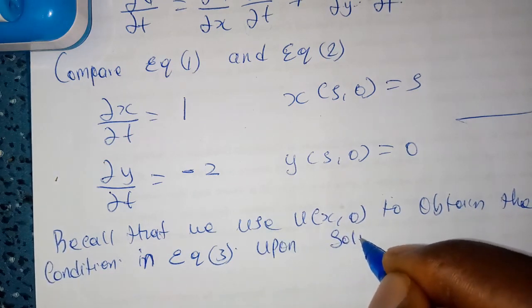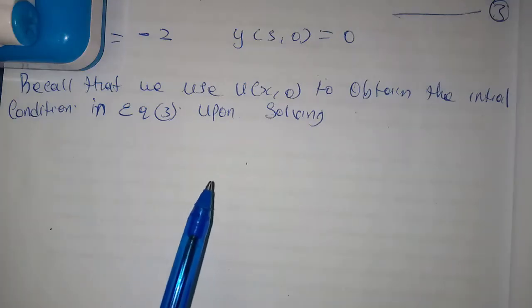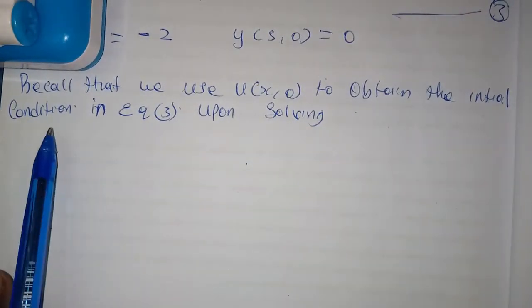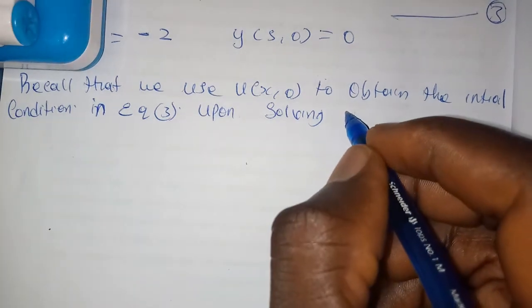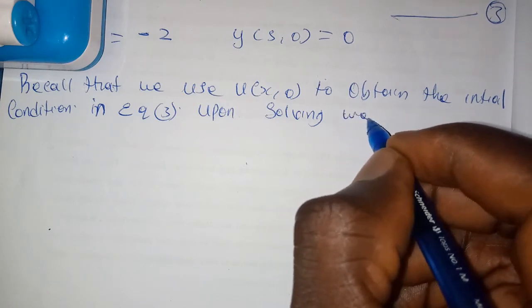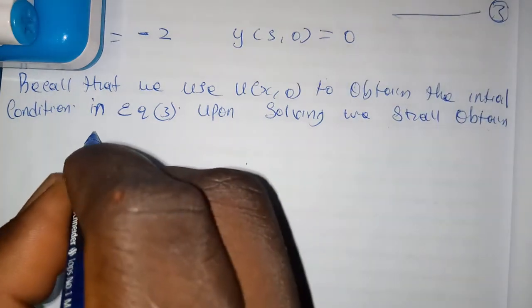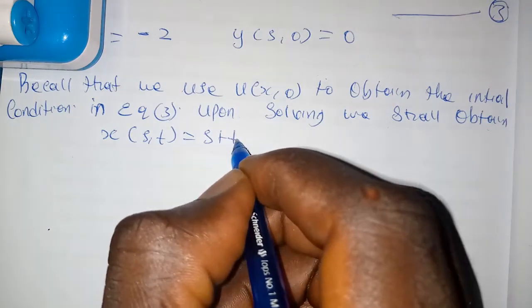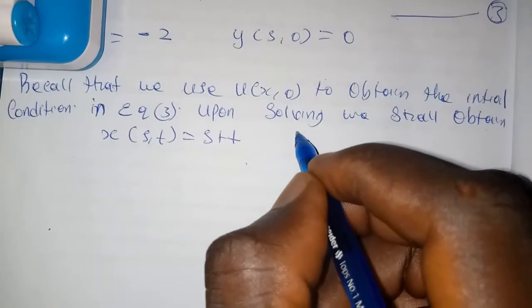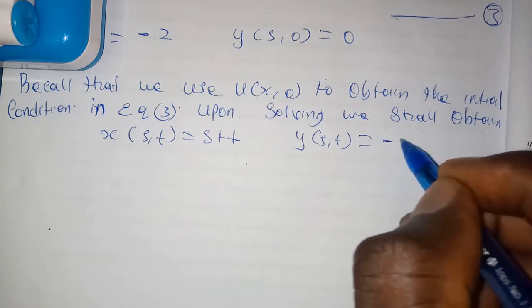Upon solving equation 3, we shall obtain x of s comma t equals s plus t and y of s comma t equals minus 2t.